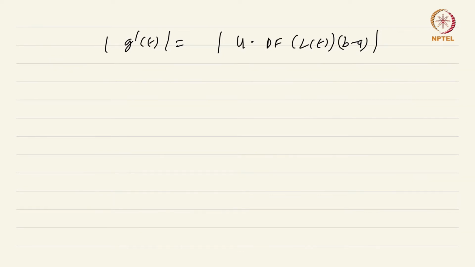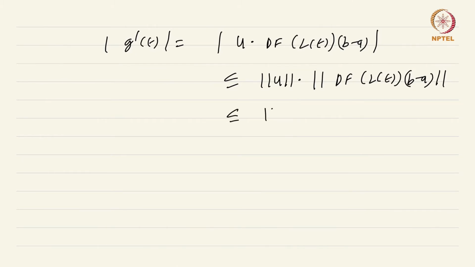Now this, by the Cauchy-Schwarz inequality, is just less than or equal to norm u times, here this dot is just times, it has nothing to do with the dot product, df at L of t acting on b minus a. And now by using the basic properties of the operator norm, this is less than or equal to norm u, which I can get rid of because norm u is a unit vector, remember that.